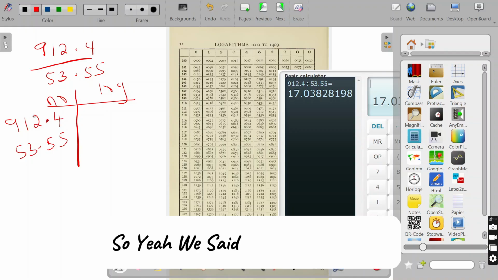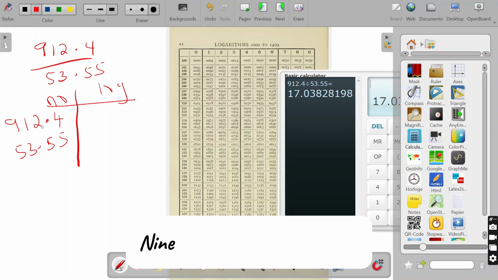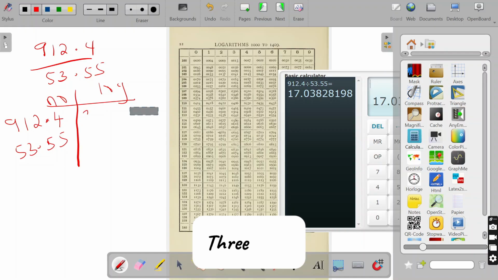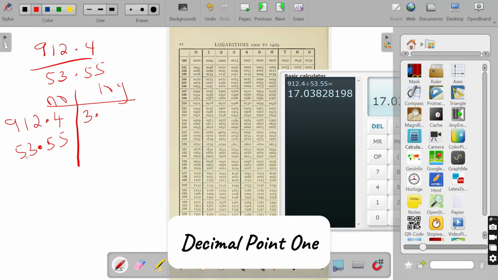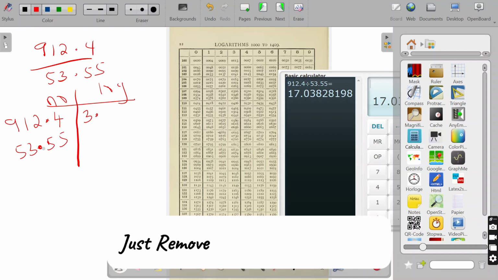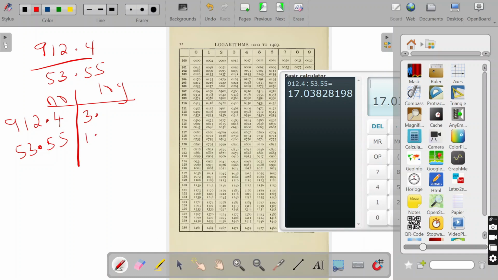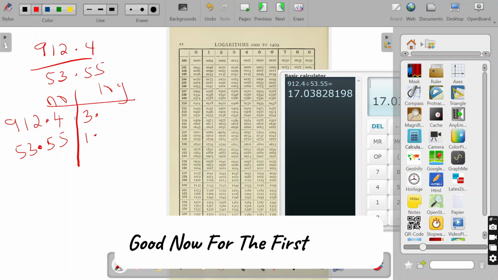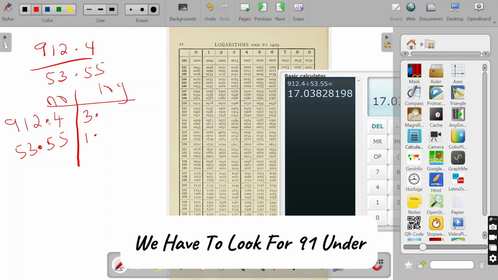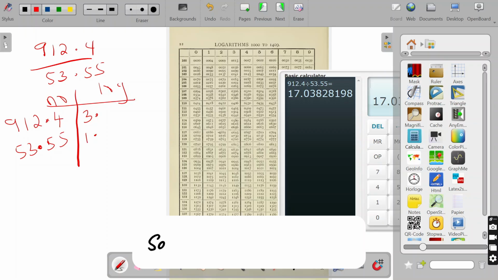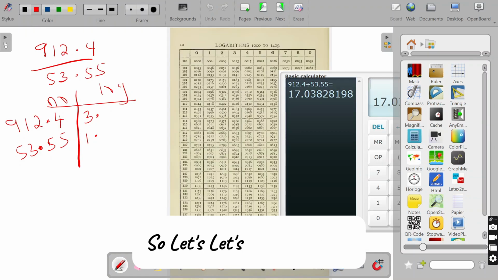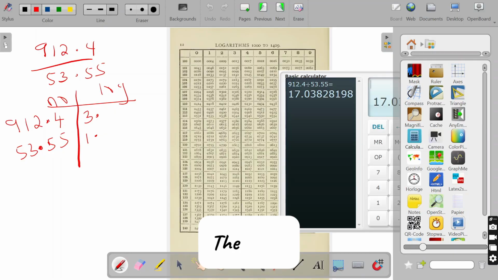Here we said 3 digits before the decimal point, 912.4. So that would be 3 point, and this is 2 digits before the decimal point, so we remove 1, that would be 1 point. Good. Now for the first number, we have to look for 91 under 2 difference 4. So let's move a bit to the front.